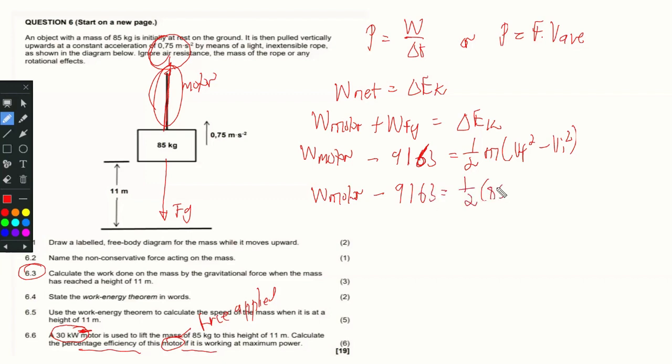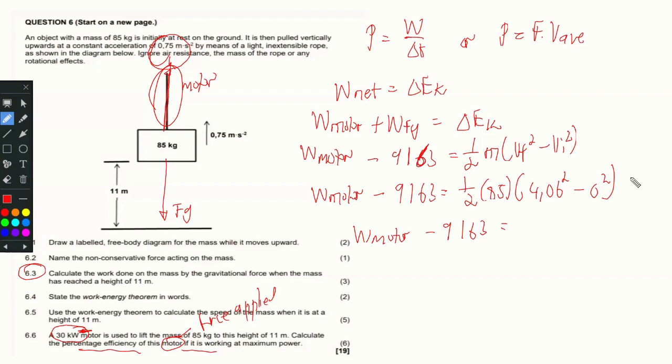We have 85 here. The final velocity is the one that we calculated, which is 4.06 squared, and then minus 0 squared. And then work done by the motor will be equal to minus 9,163. If we punch all of this into our calculator, let's see, to calculate the work done by the motor.